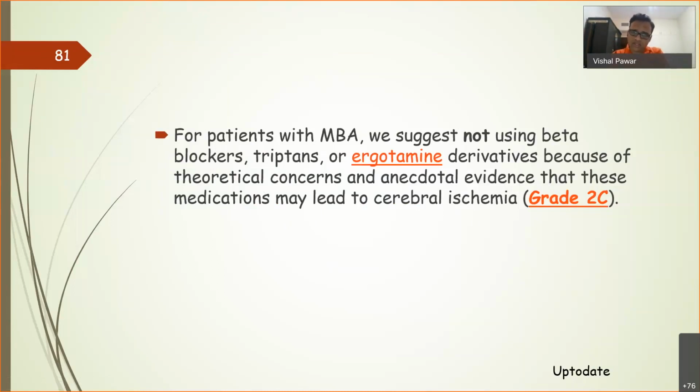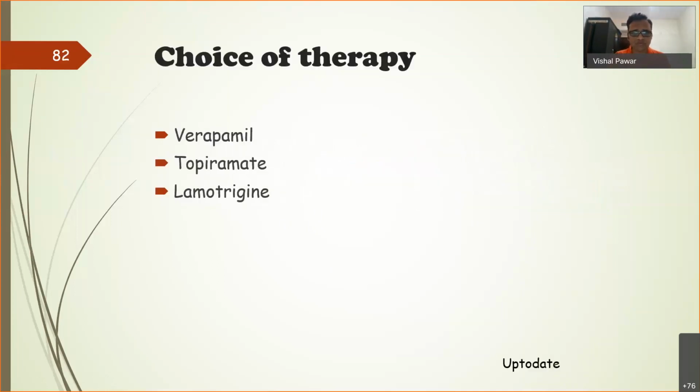Then I called him back and gave him topiramate, and he's doing fine on it. Ideally, the drug of choice they have mentioned is verapamil. Topiramate can also be given, and lamotrigine is another drug which can be started in these patients.